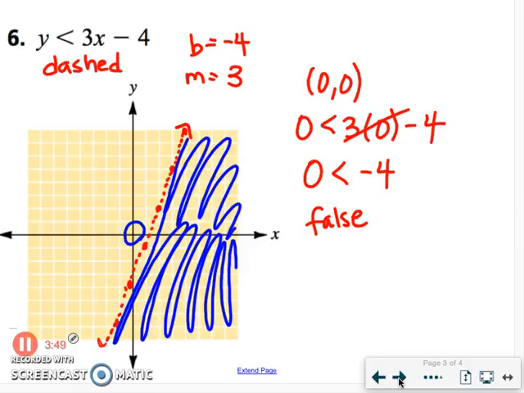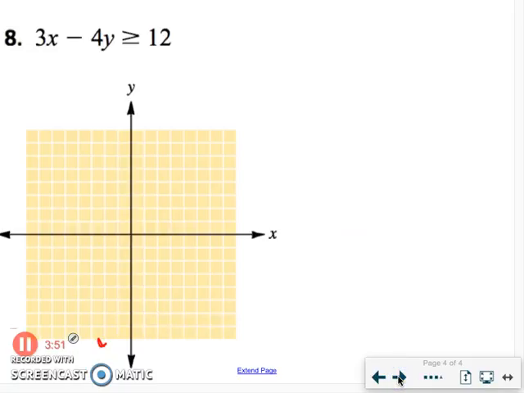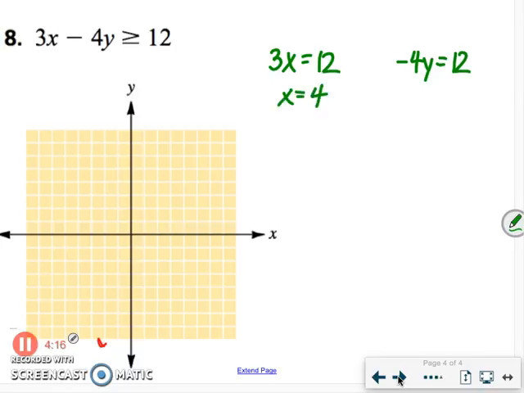Final example. 3x minus 4y is greater than or equal to 12. This one is presented in standard form, so I'm going to graph the line using the intercepts. So what I want to do is think about the mini equations. I'll have 3x is equal to 12, and I'll have negative 4y is equal to 12, and then solve each of those mini equations.